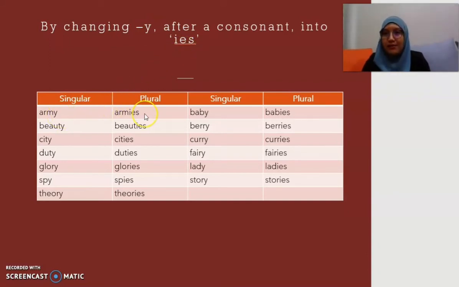From army to armies, I-E-S. Beauty, beauties. City, cities. Duty, duties. Glory, glories. Spy, spies. Theory, theories. Baby, babies. Berry, berries. Curry, curries. Fairy, fairies. Lady, ladies. And story, stories.